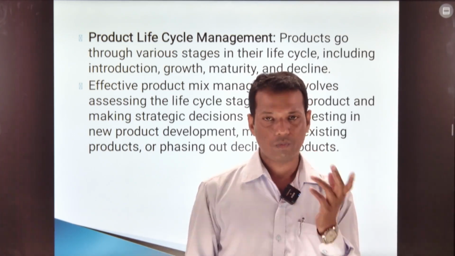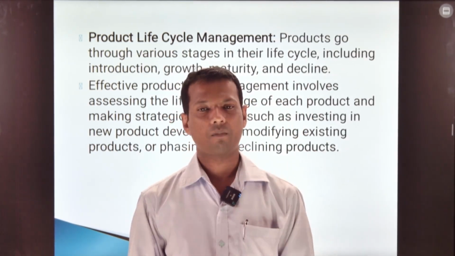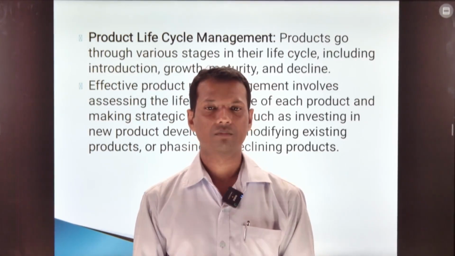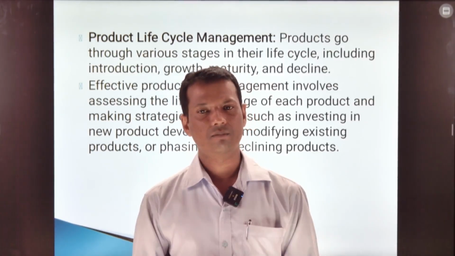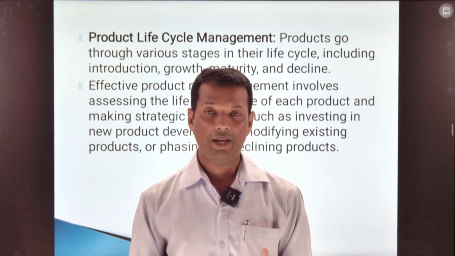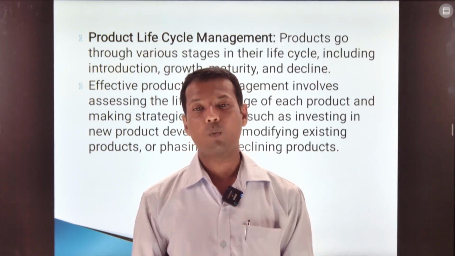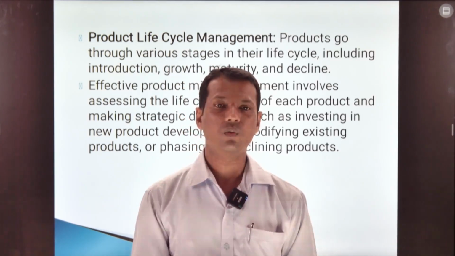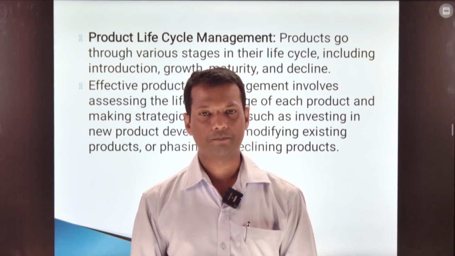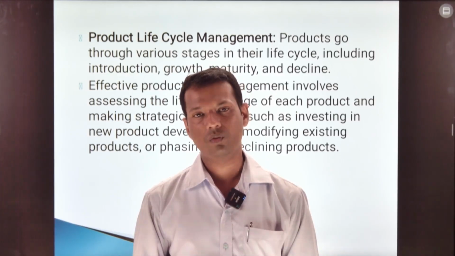Similarly, it was introduced, there was growth, and there was maturity, then it was gone. So every single product has a product life cycle. Now we have to manage those product life cycles if we want to be in the market in the long run.